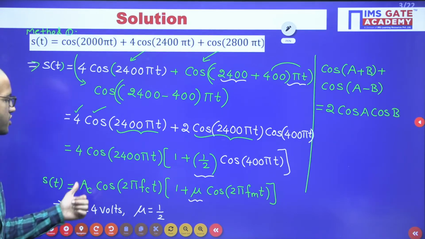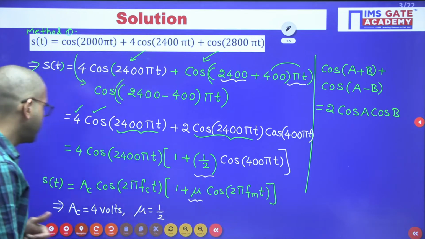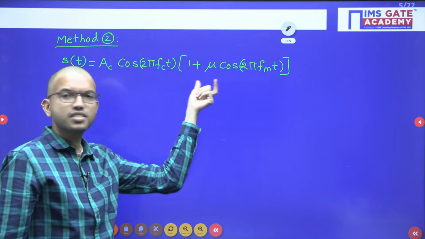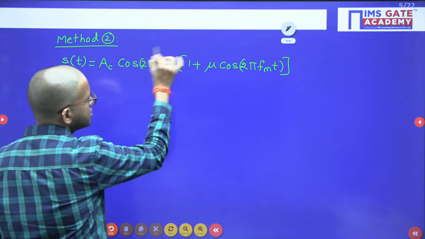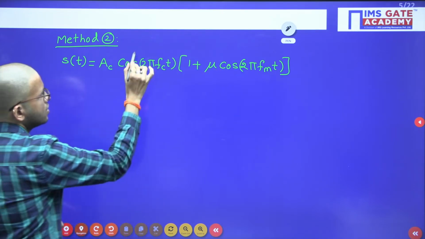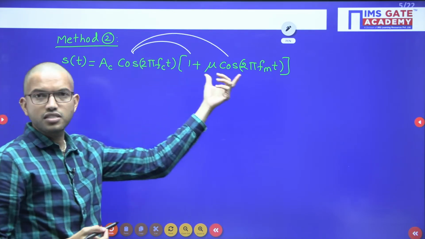S of t equals Ac cos 2 pi fct into 1 plus mu cos 2 pi fm t. For timing, expand this term, that means multiply Ac cos 2 pi fct with 1 and Ac cos 2 pi fct with this term.